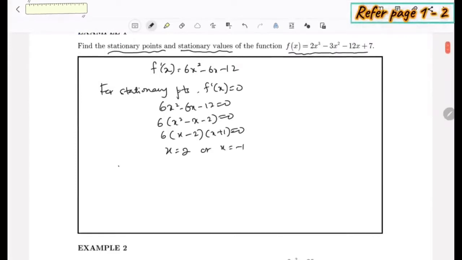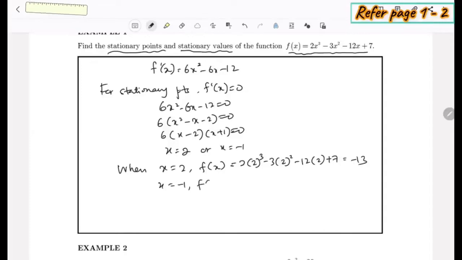When x equals 2, get the value of your f(x). Substitute: 2 cubed minus 3 times 2 squared minus 12 times 2 plus 7, and you will get negative 13. When x equals negative 1, f(x) will be 2 times negative 1 cubed minus 3 times negative 1 squared minus 12 times negative 1 plus 7, and you will get 14.